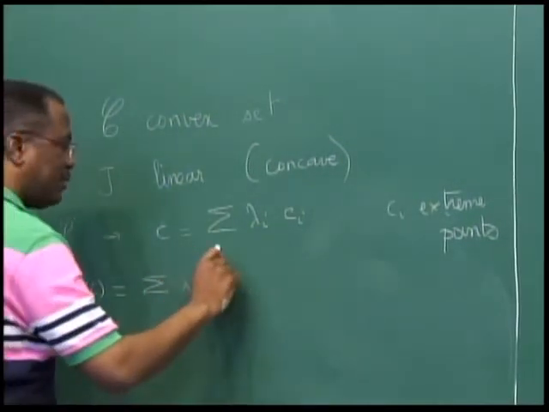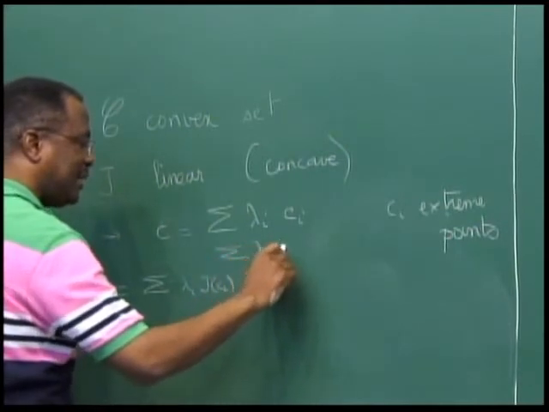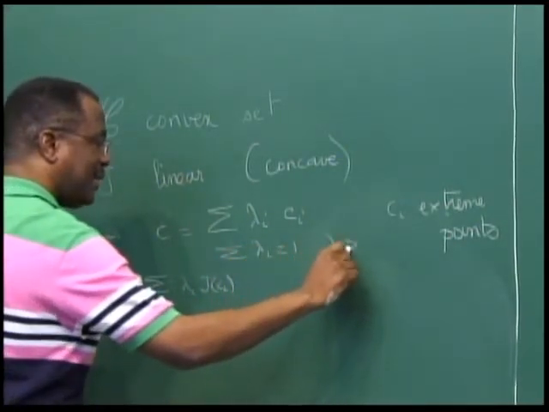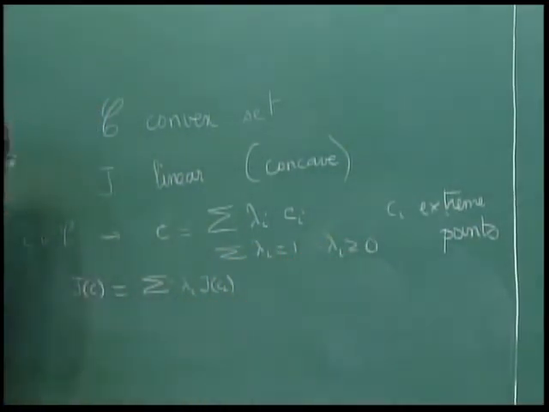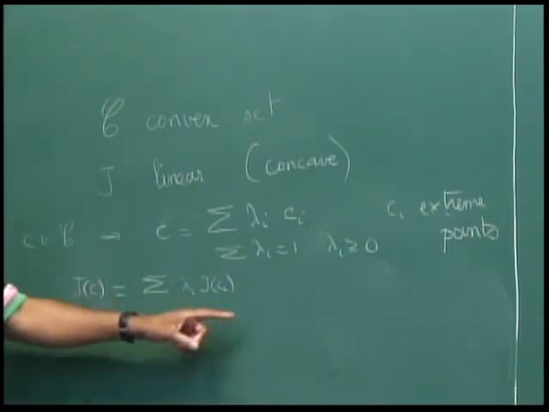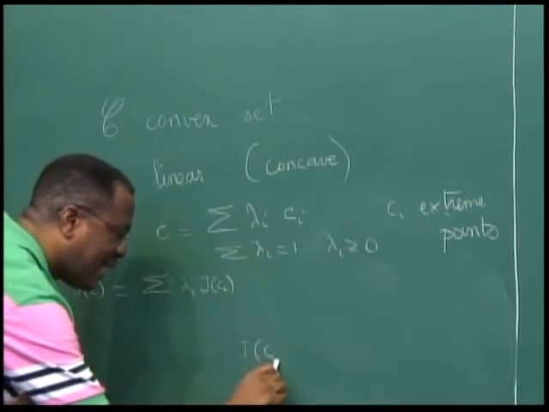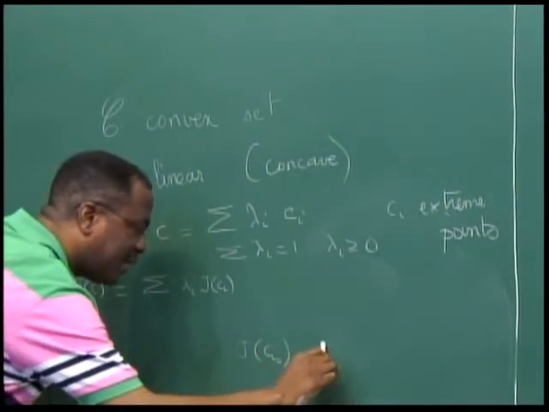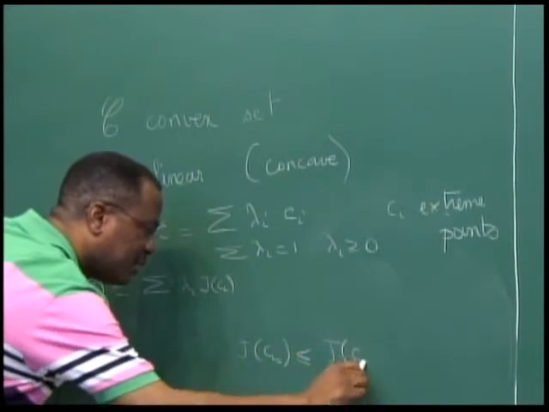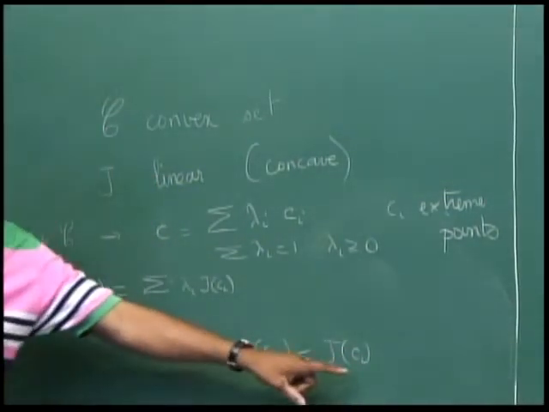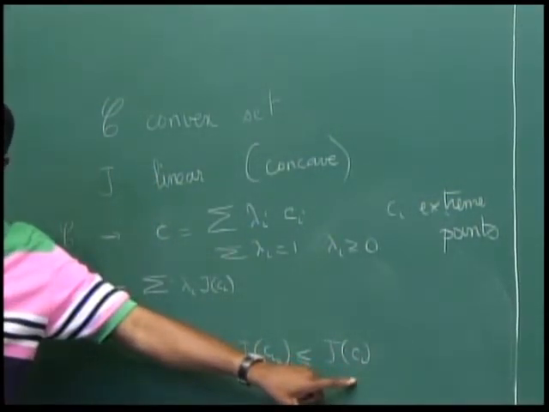I am assuming that the sum of the lambda_i is 1, and lambda_i is greater than or equal to 0. So among these, take c_i0 such that J of c_i0 is less than or equal to J of c.